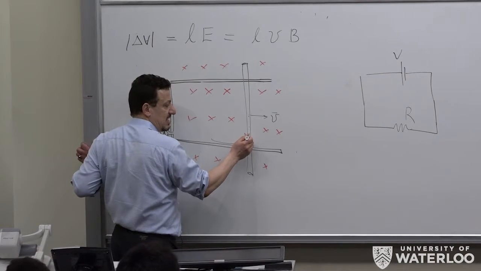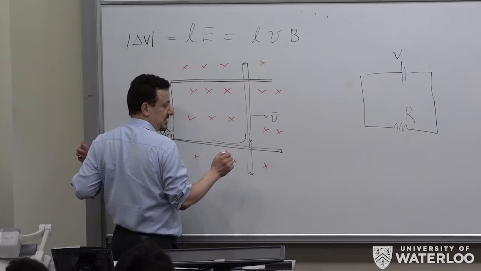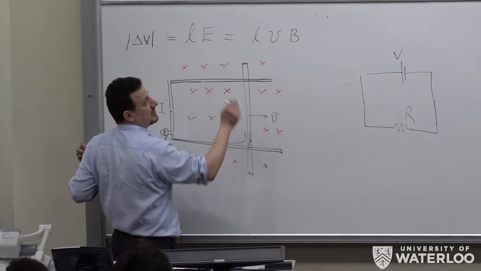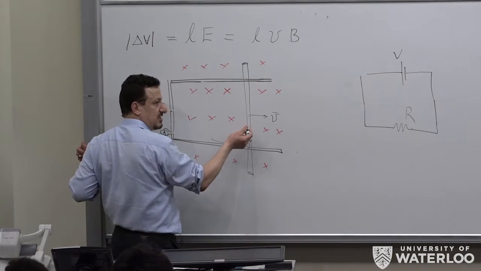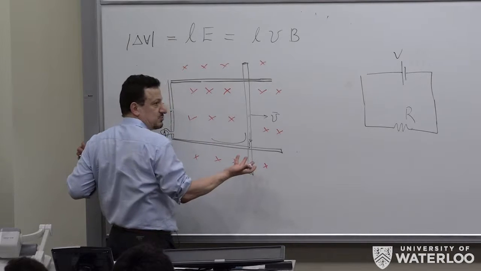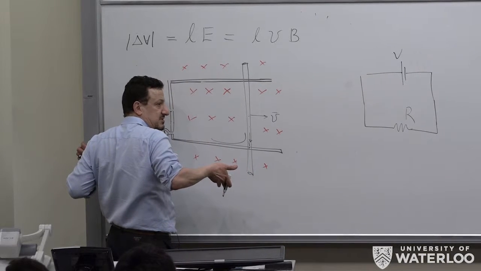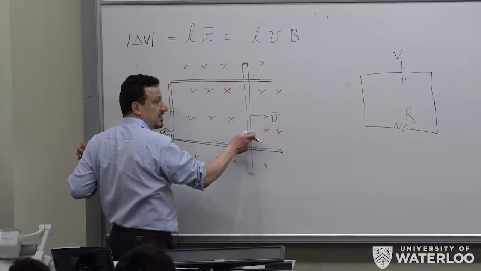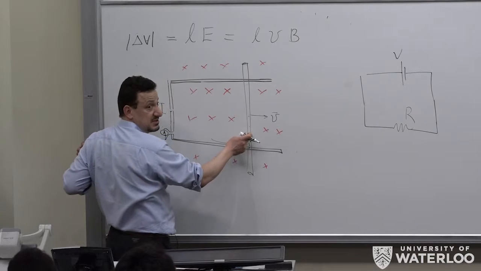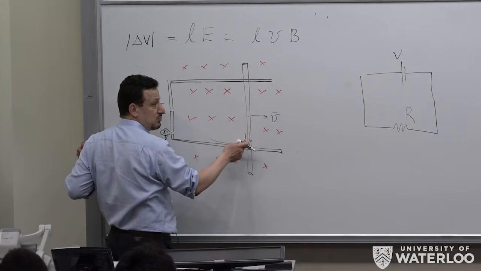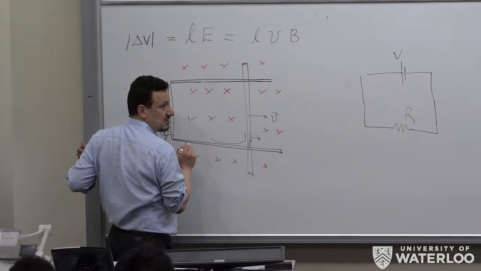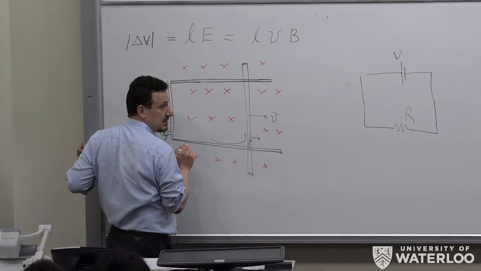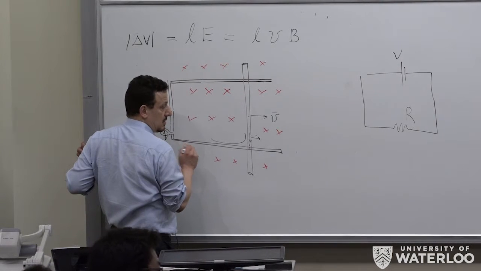If I have electrons moving in that direction, so qv is like this, crossed with this, I have a force that moves them in that direction. So the electrons moving in this direction cannot jump out of this. Then how do they start moving to the left instead?